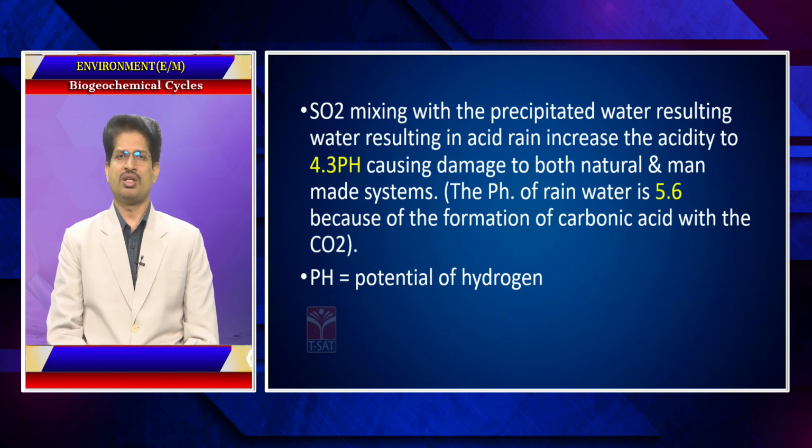So we call it acid rain when the pH is around 4.3 or less than 4.3. pH is the potential of hydrogen ion releasing capability of a chemical.